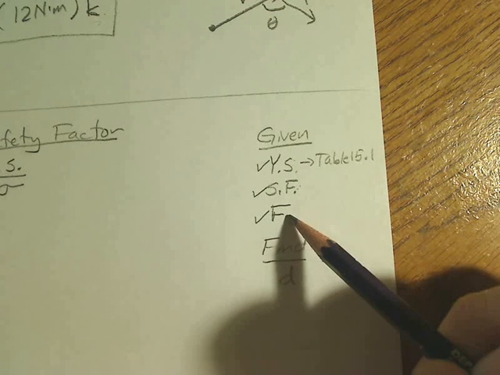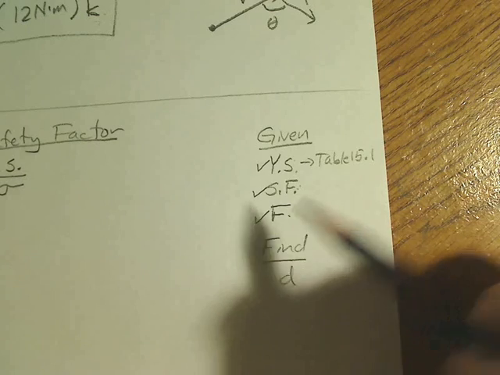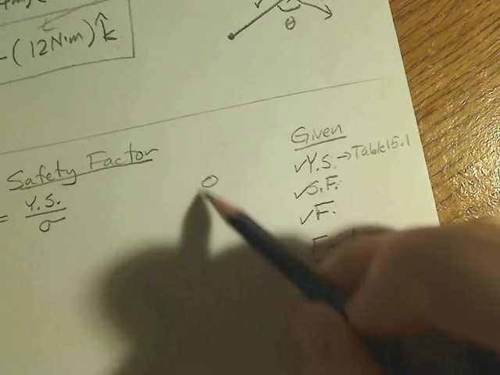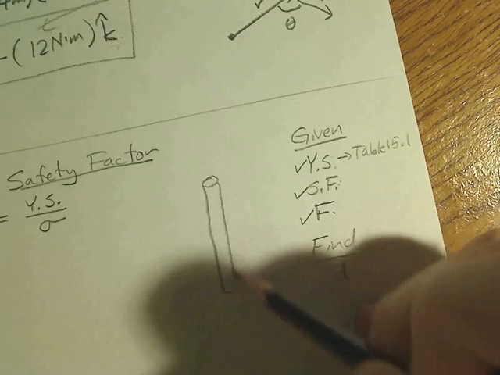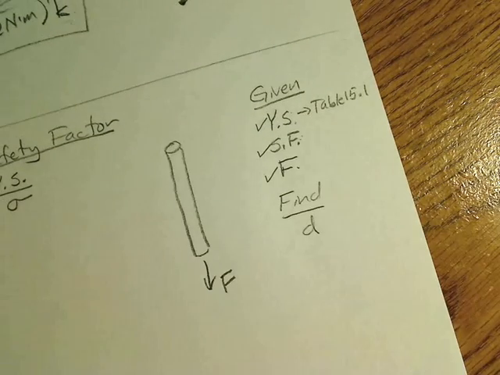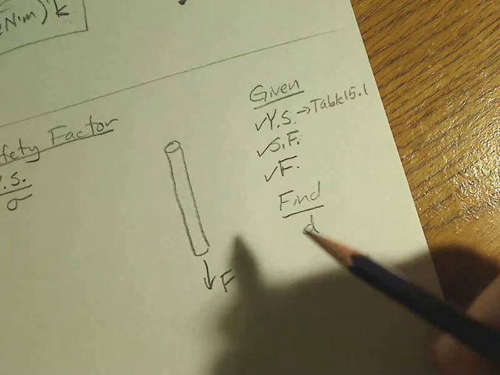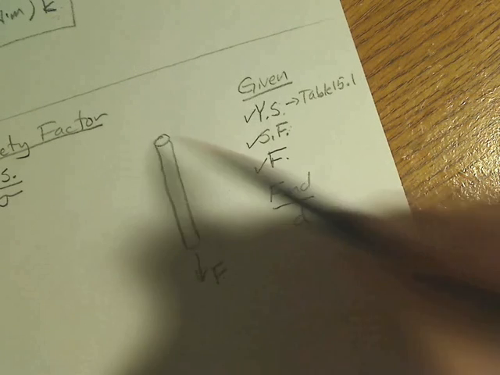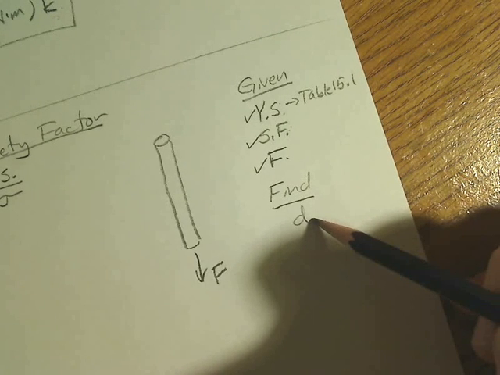This is going to be in pounds, which is our force applied to a structure, for example, just a beam like that, and we're applying a force on it. And it has a radius to it, and that's going to give us what the area is. And typically they don't ask you for the radius, instead they ask you for the diameter.